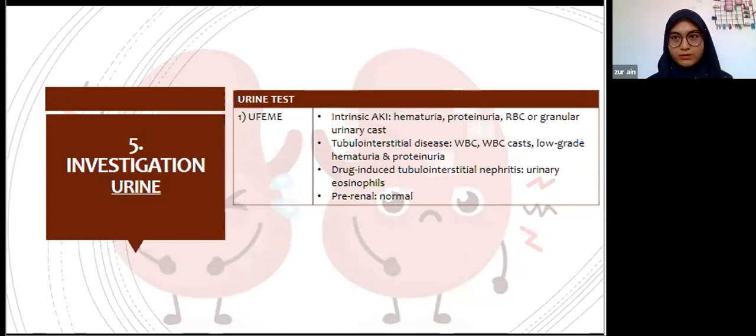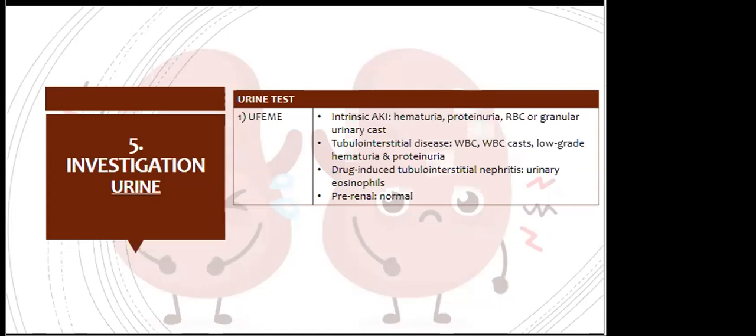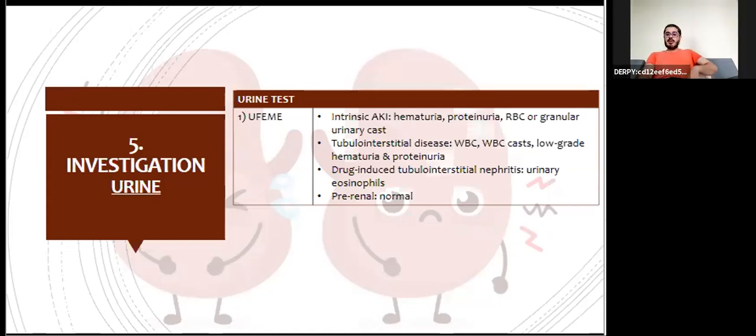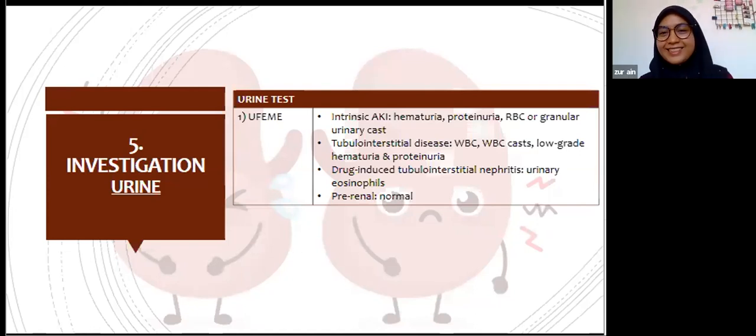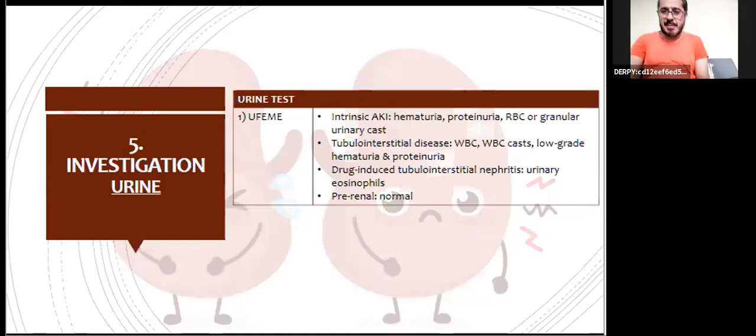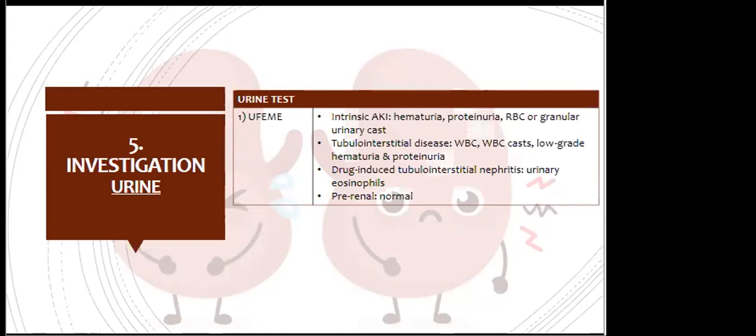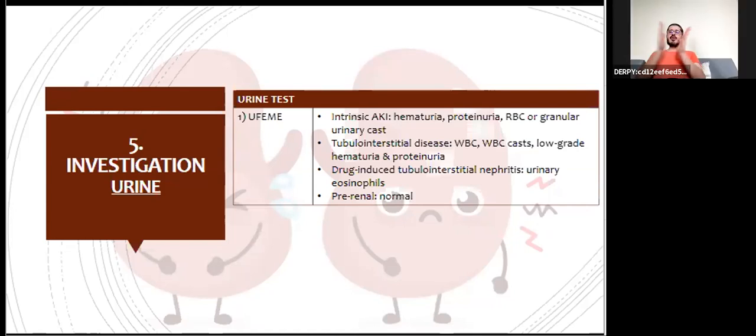Is it specific gravity? Yes, I hear specific gravity. Very good. So specific gravity: if pre-renal, how will it be? Pre-renal, usually the urine will show elevated SG. Very good.